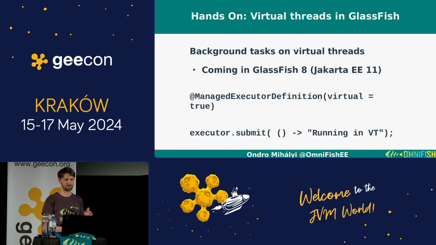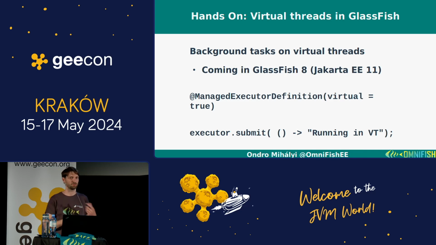And then another thing that is coming in Jakarta EE 11 and the new version of GlassFish is an executor. The executor is already there in GlassFish in Jakarta EE, but it's used when you want to schedule a background task and run it on a different thread. Then it creates a thread that has all the information that it needs from the server.